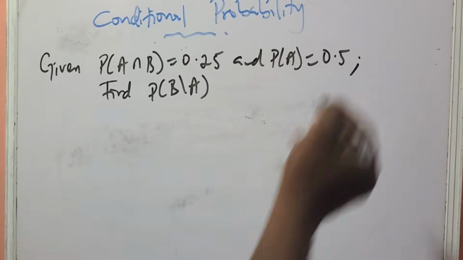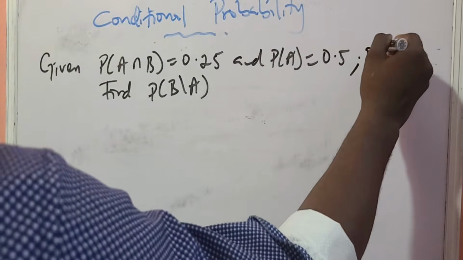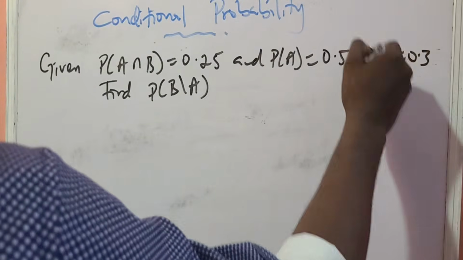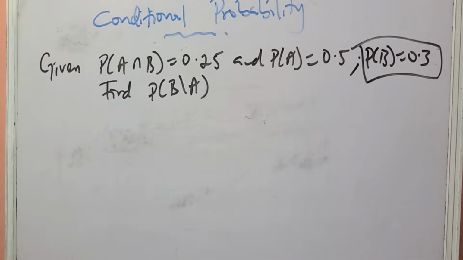Or I could add probability of B equal to 0.3. There's a reason why I added this. What's your response here? Somebody says 0.5, somebody says 0.2, someone else says 0.5.